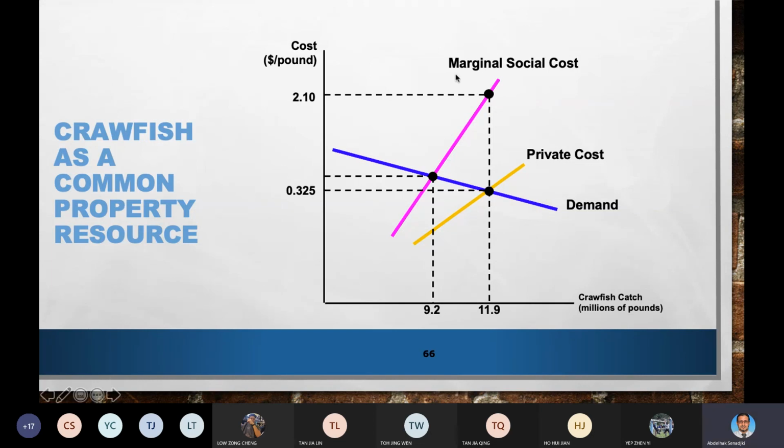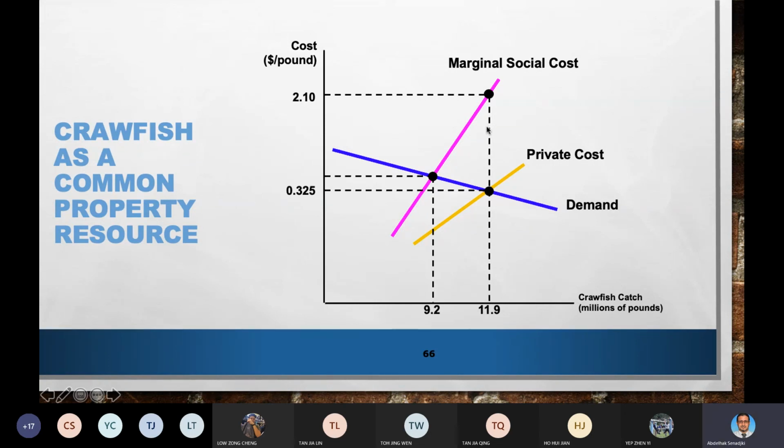So this triangle now, this figure, measures the social cost of free access. Because socially, suppose we produce here for the efficient level, but if we give access to everyone, then fishermen will produce at this level, and that will be the social cost of free access.